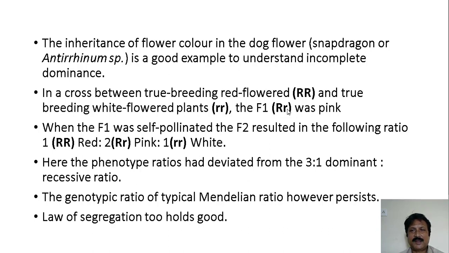Since capital R and small r separate during gamete formation, new combinations of capital R and small r are possible. So red flowers and white flowers are obtained in the F2 generation. That is why the law of segregation applies here.